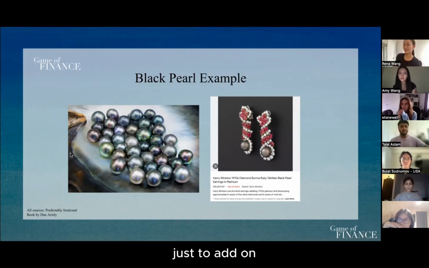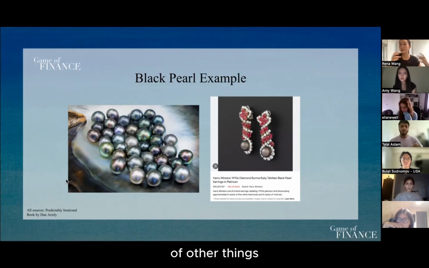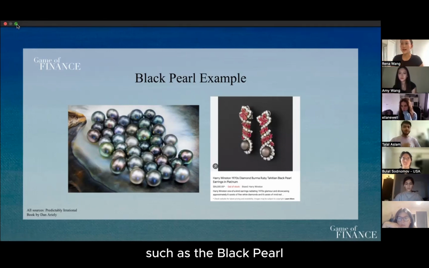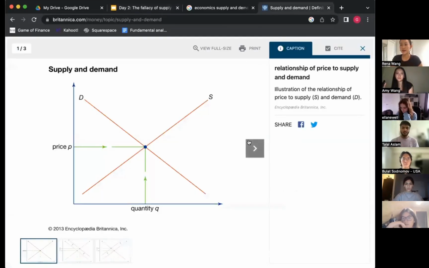Just to add on, I think it's very well explained how Talal said we are carrying our imprint of other things to products such as the black pearl. And why is this contradicting traditional economics? If we were to go back to this graph, as the price increases for the pearls, the demand should decrease.